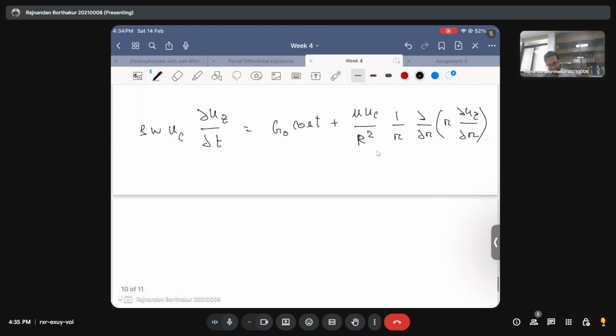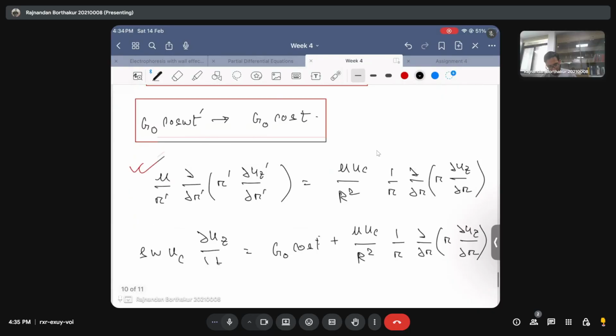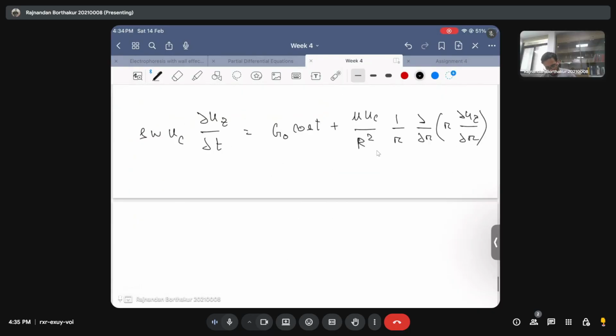And then what I will do is I will write down uc as g naught r squared by mu. This is something that I will do, and let's do it. So then this becomes rho times omega, uc is g naught r squared by mu, times del uz by del t, equal to g naught times cos t.